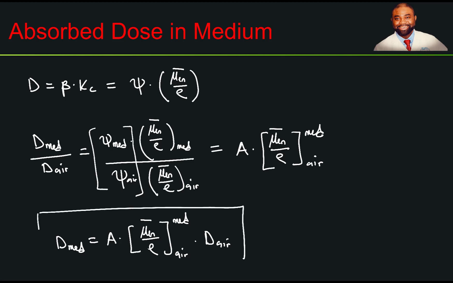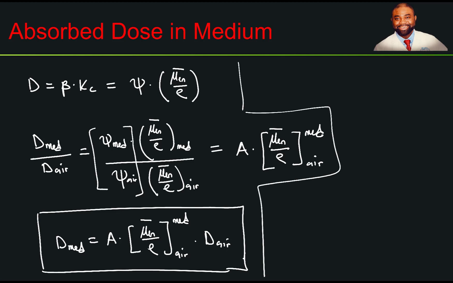But we know that the dose in air is equal to the exposure in air multiplied by W over E in air. So we can essentially plug this back in here to give us a unique equation that will help us to calculate the dose in medium.